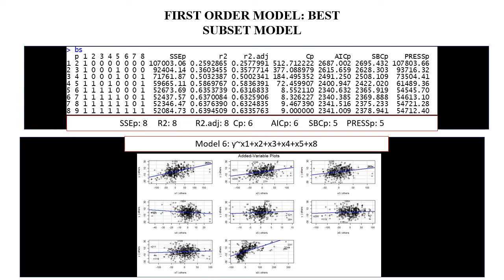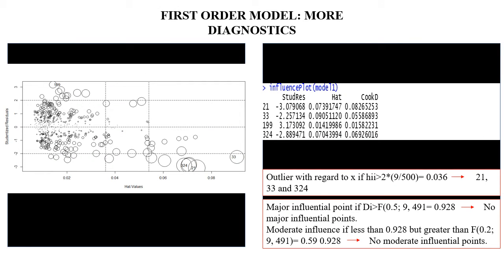The added variable plots confirm the findings in the best subset, showing for X6 and X7 flat patterns, indicating not much added value to the model. The influence plot shows some possible outliers and influential points. We have 3 outliers, 21, 33, and 324, and no moderate and no major influential points.